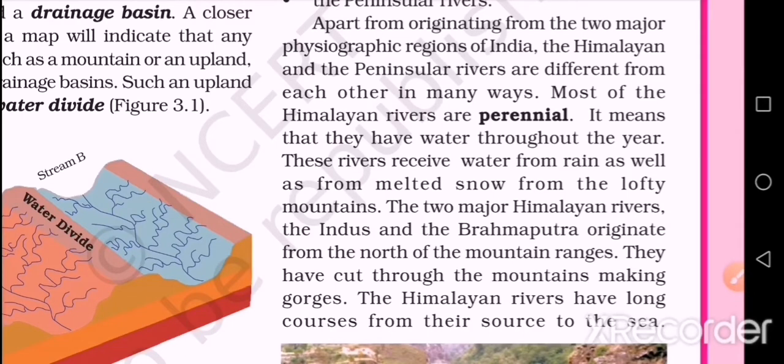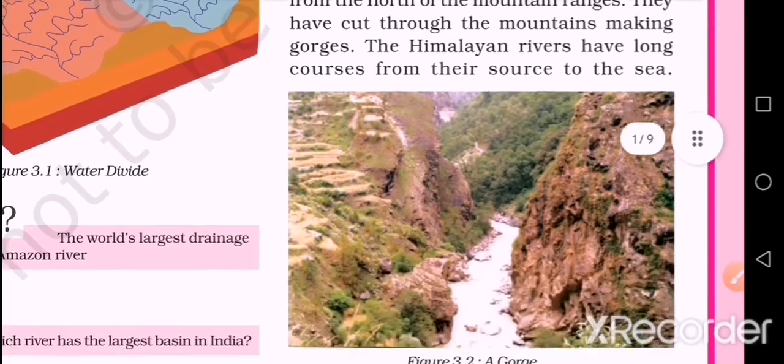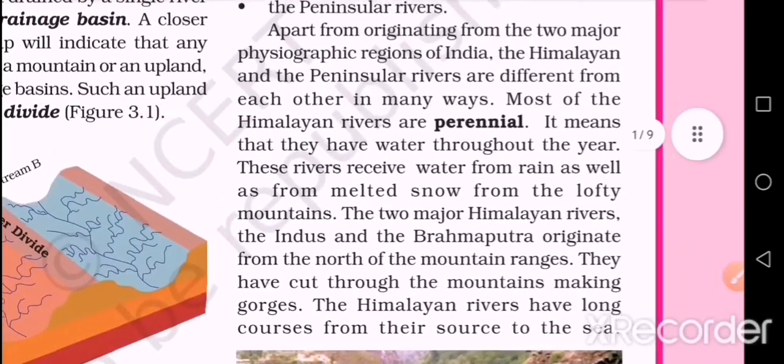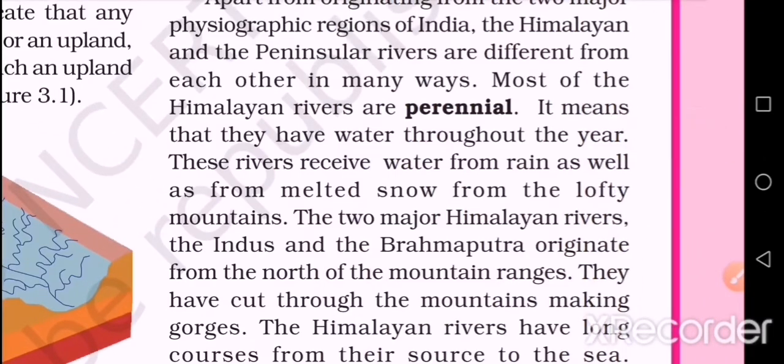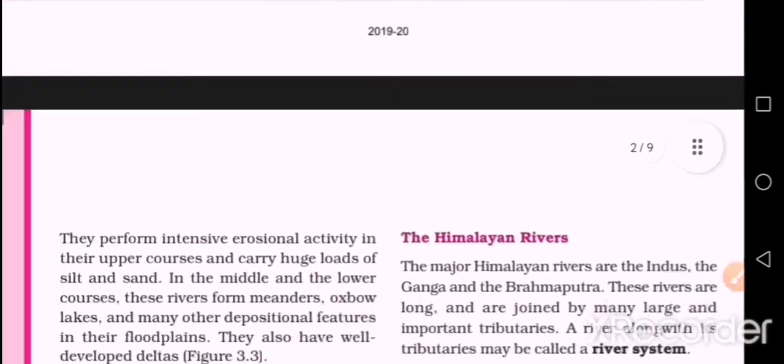Then they cut through the mountains making gorges. You know gorges, the U-shaped paths made by river streams are called gorges. And Himalayan rivers have longer courses compared to their counterpart peninsular rivers. So these are the main differences. Some more differences you will see in the next pages.